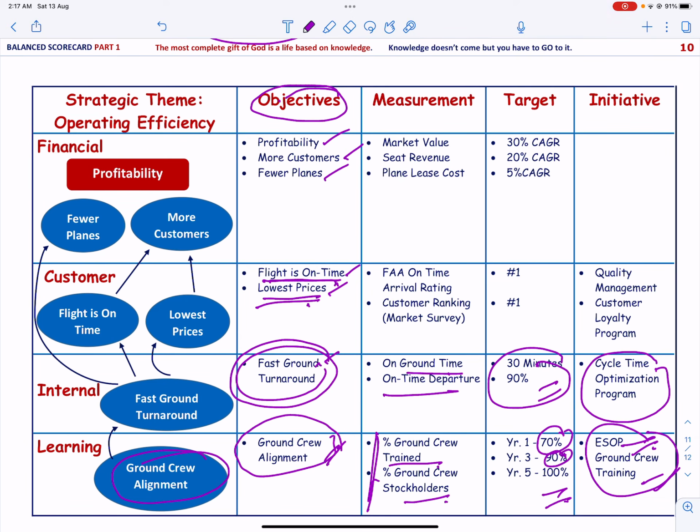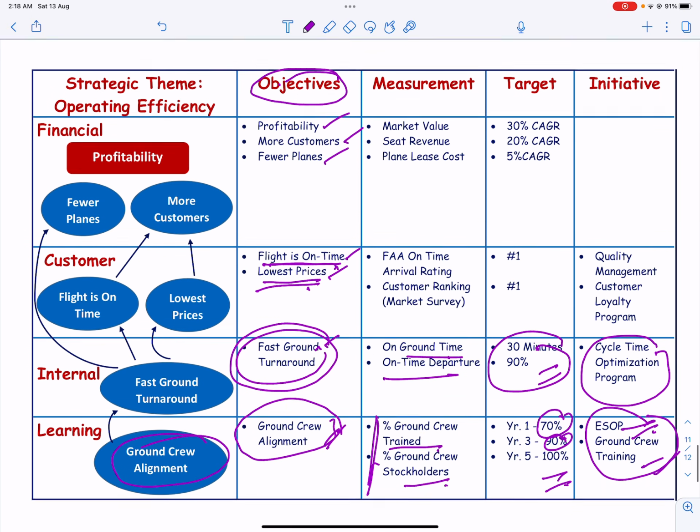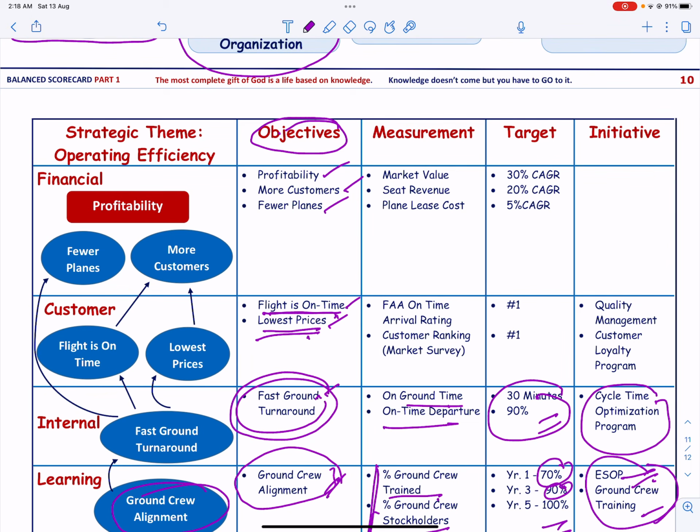As now the company is saving money on flight time and charging the lowest price, thereby making the customers happy, the company is able to retain its customers, and the existing customers will bring more customers.